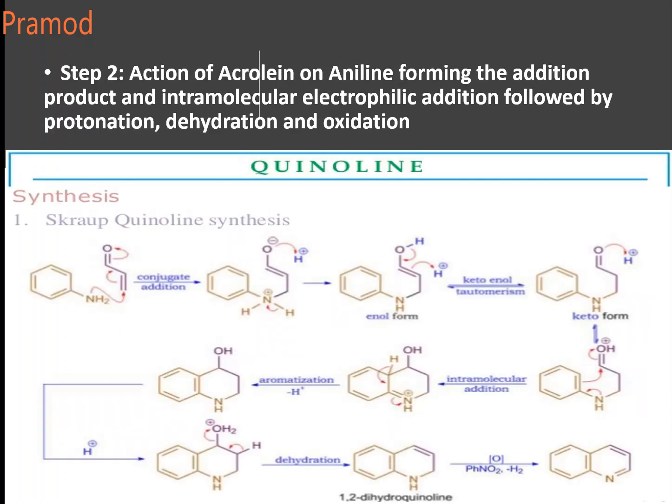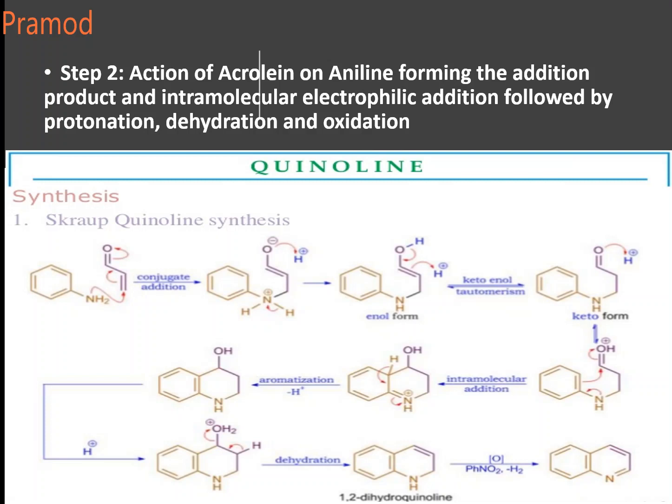Now the other steps. The nitrogen of aniline attacks the double bond of acrolein, and you get the conjugate addition product.